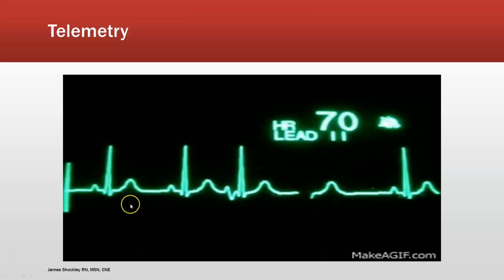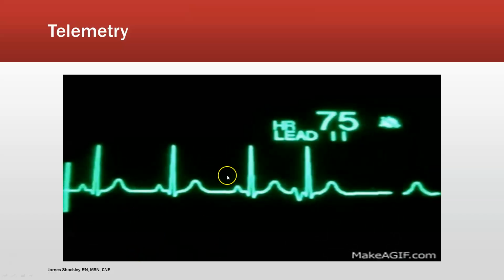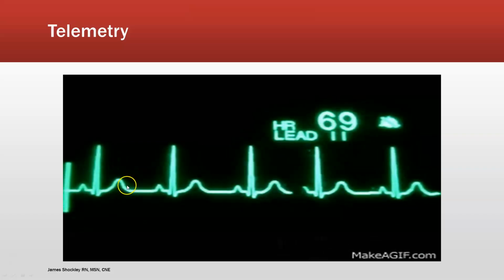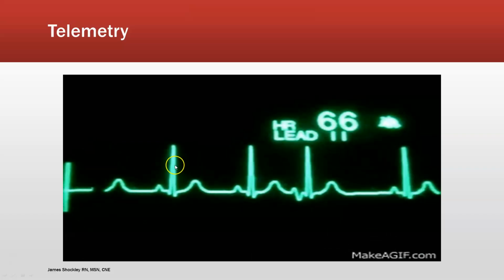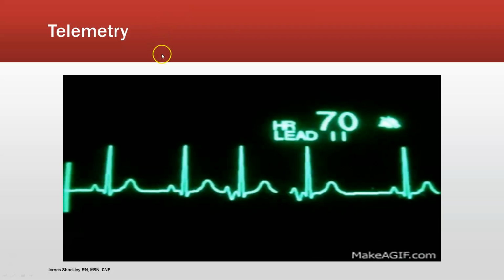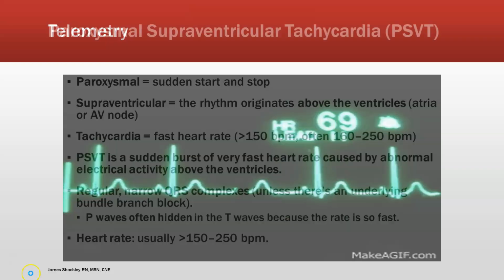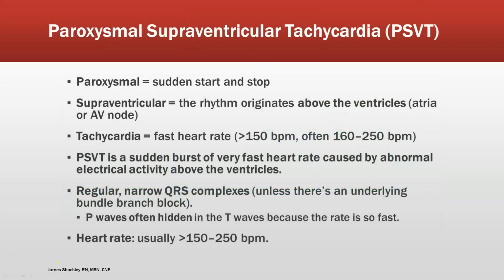Luckily for us, the machines are pretty good at telling us that you have an irregular R to R, which just means that you need to look at it. So is it an ectopic beat, or are we an AFib, or some other underlying rhythm? So that is a PAC.